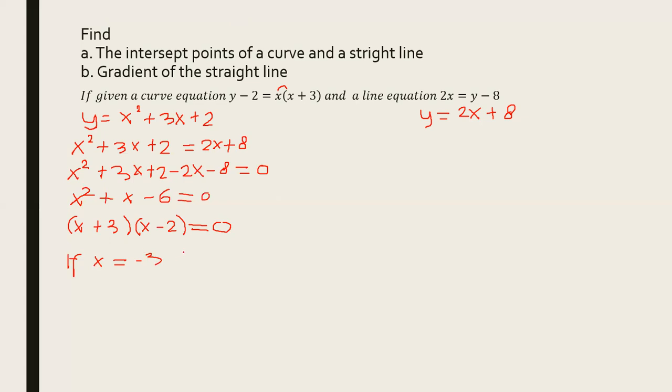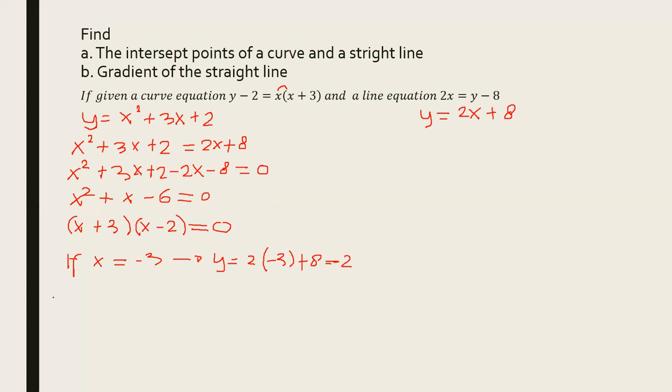If x is negative 3, I recall that y equals 2x plus 8. Substitute this negative 3 into x, and it is going to be y equals 2 times negative 3 plus 8. And how much? 2.